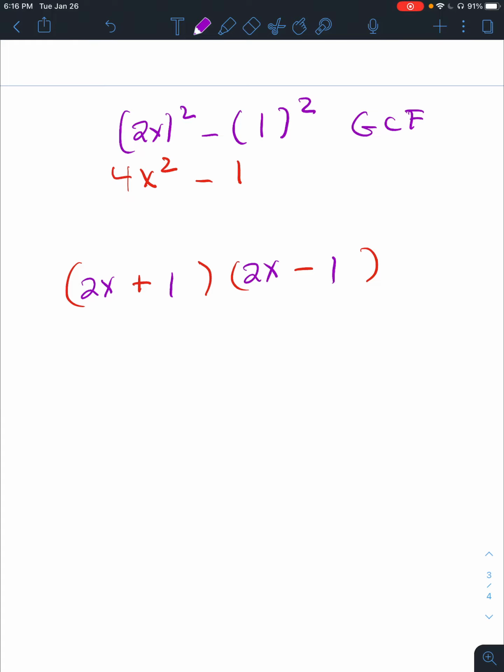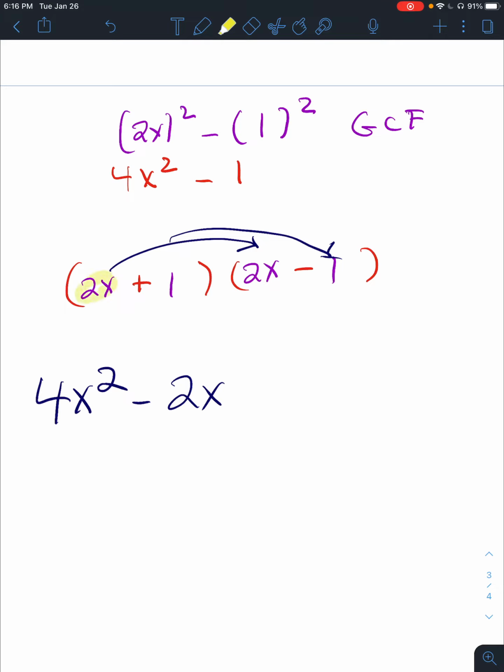But let's say that you don't believe me. Remember, you can always check your work. So actually, let me take away the 2 on the bottom real quick. So let's just do 2x times 2x is 4x squared. 2x times negative 1 is negative 2x. So you took your first term and you multiplied each term in the second parentheses.